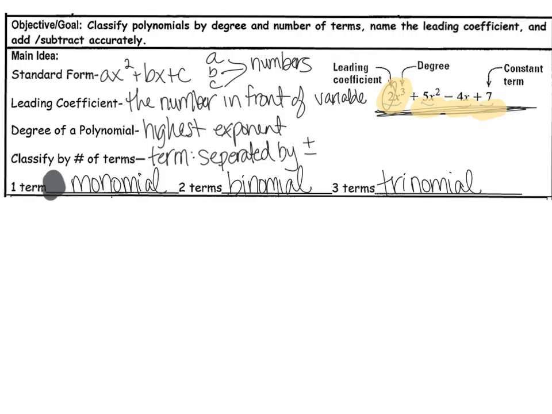Tricycle, 3 wheels. Tripod, 3 legs or 3 stands. Triangle, 3 sides. Oh my gosh, that's like the most obvious one ever.